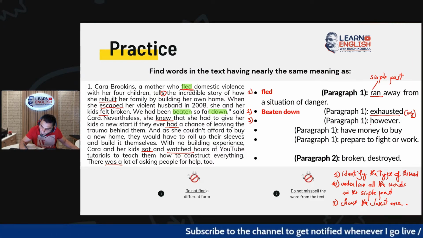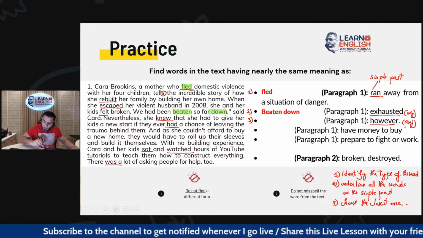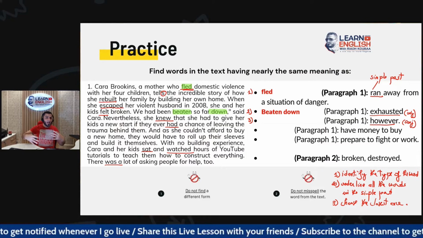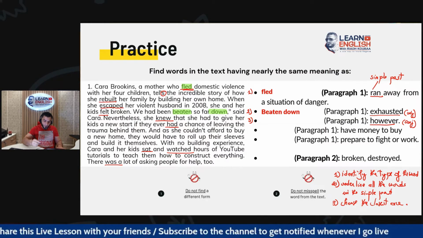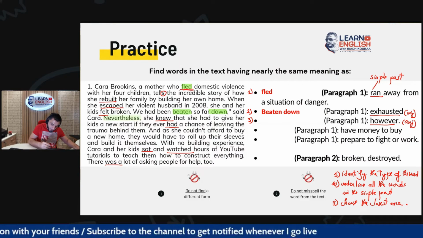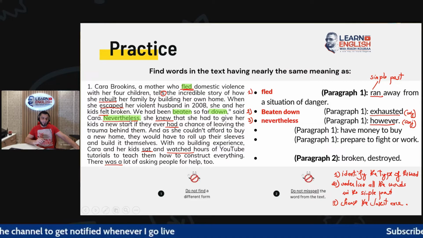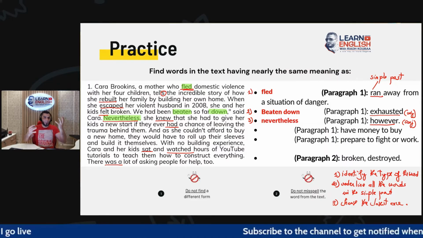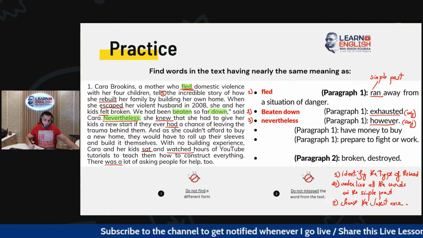So I have, however, here, which is a conjunction. It's a linker. So I have to find another linker with the same meaning as however. So which is nevertheless. So you see, nevertheless, however, conjunction, conjunction, simple past, adjective, adjective.